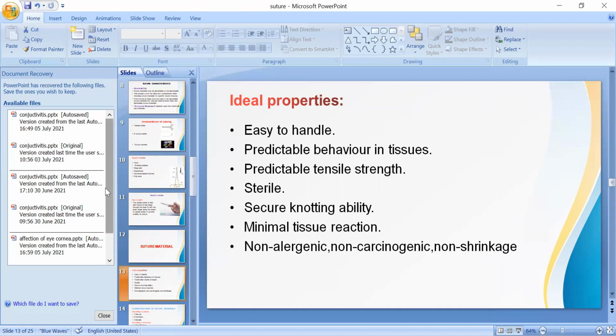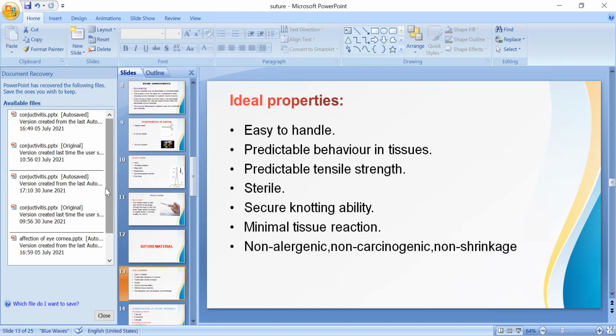Then sterile, secure knotting ability, minimal tissue reaction, non-allergic, non-carcinogenic, and non-shrinking. These are the very important properties of suture material.